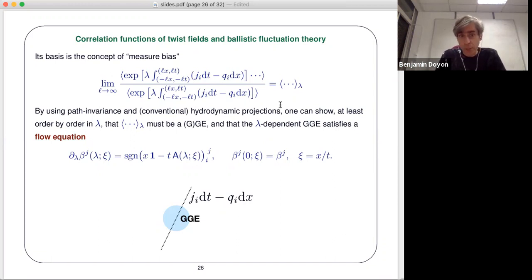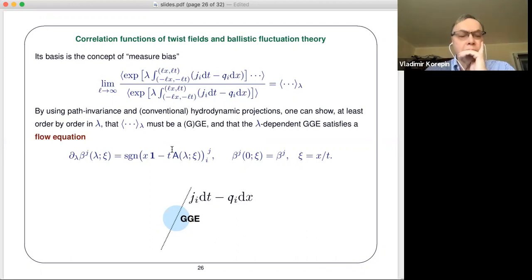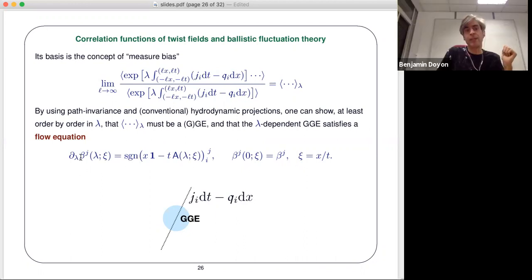And so what the theory says is that the state you obtain is still a GGE. It's still independent of time and space, and it's still a GGE with different betas. And what are the betas? Well, they are obtained by solving an equation that knows about the x and t that you have there, and which charge you are using. The equation is just that the lambda derivative of these betas in your GGE is given by the sign of that matrix.